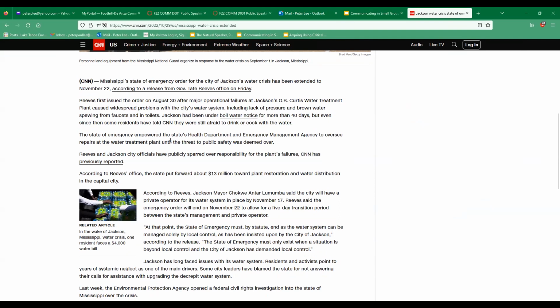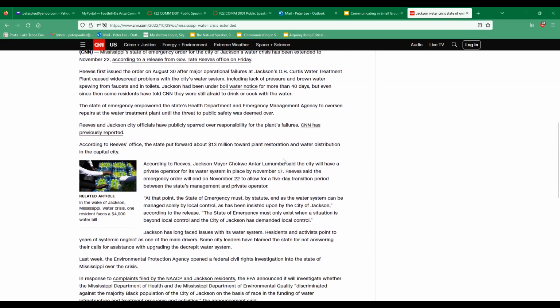They've empowered the State Emergency Act, so the Health Department and the Emergency Management Agency start overseeing repairs. And you see that the plant apparently failed. So there you go. That's sad. It's wrong in America that that's happening.